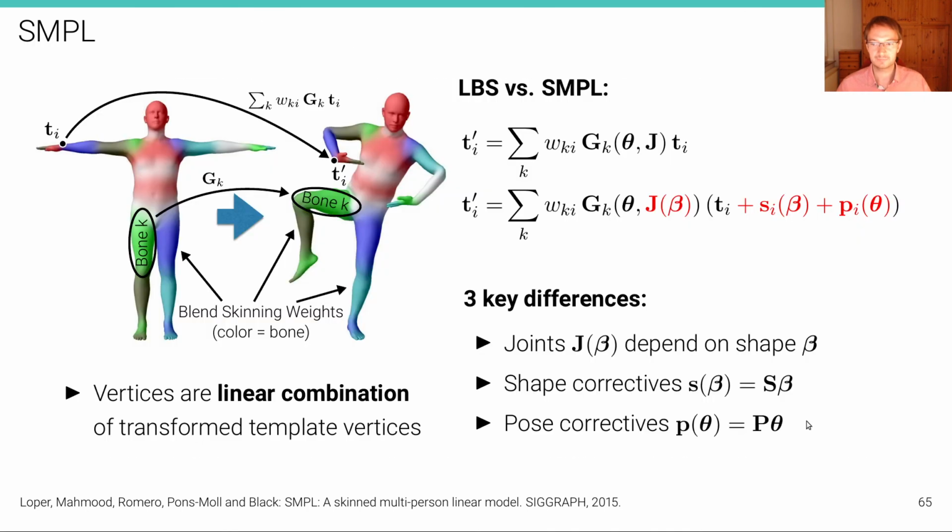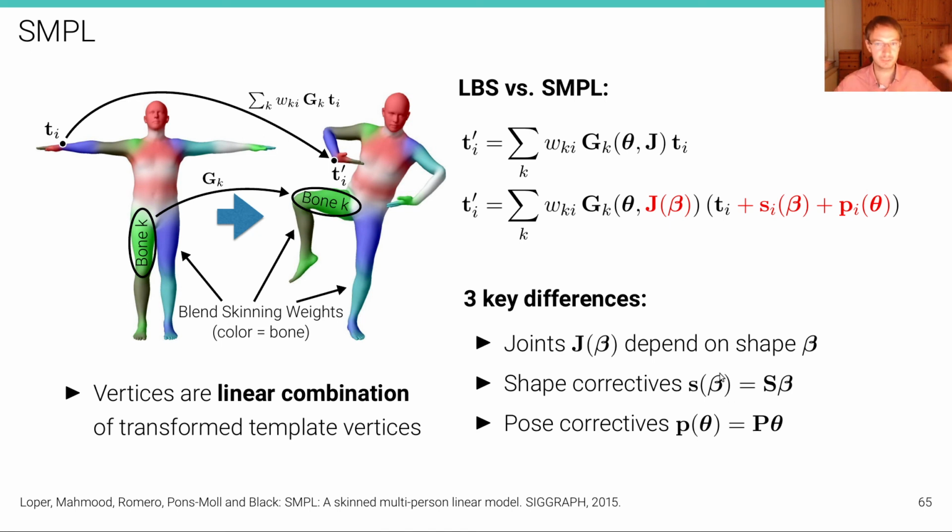And then this model is trained on a big data set and optimized for the parameters of that model, which are the basis shapes S and the basis pose correctives P. So basis shape correctives and basis pose correctives.